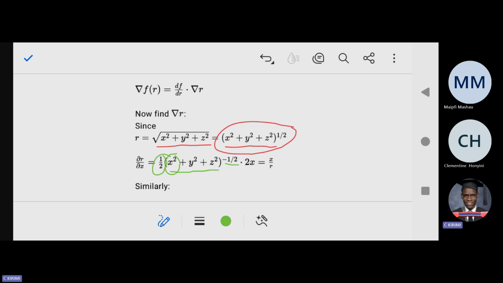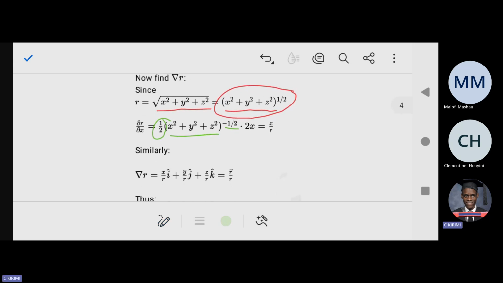That's why they call it the chain rule, the derivative of x only, because y and z are constants, since we are differentiating with respect to x first. So our answer is going to be half times the bracket to the power negative half, then we multiply by the derivative of what is inside, which equals x over r. Is that correct?